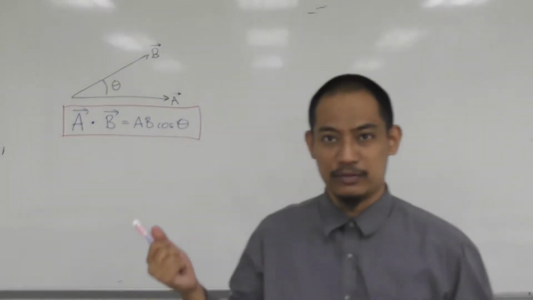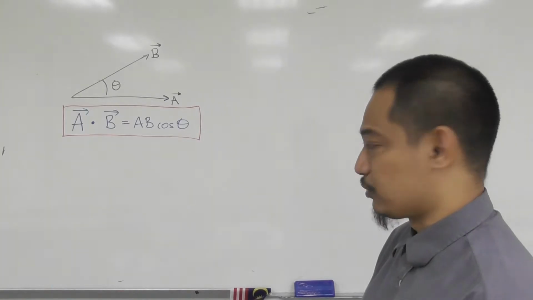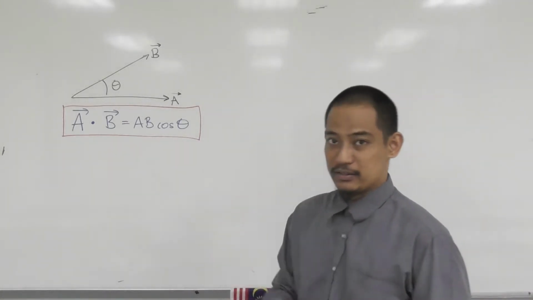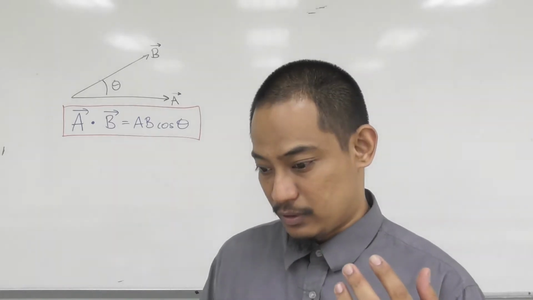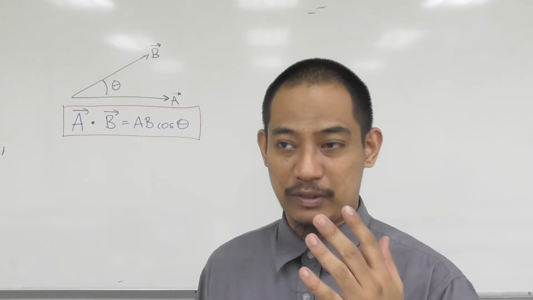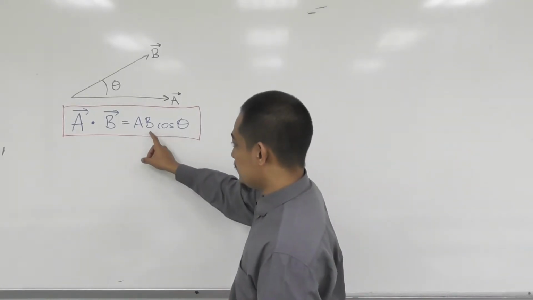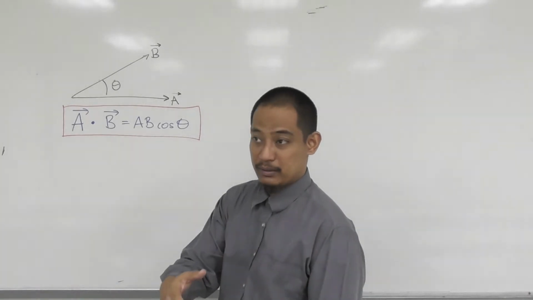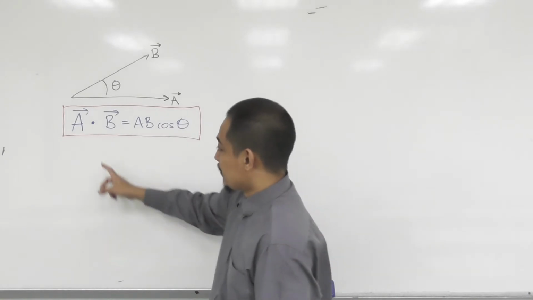So A dot B equal to AB cos theta. Make sure the way you write, again I want to focus on this, I have mentioned this before, how you write things must be correct in terms of representing what it actually means. So when you say AB, meaning magnitude A multiplied by magnitude B multiplied by cos theta.